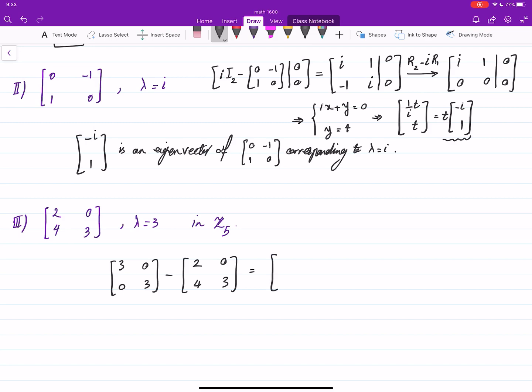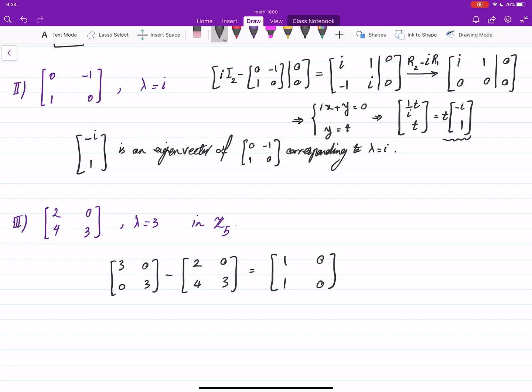Everything is happening in Z5, so this will be 1, this is 0, this will be what? 0 minus 4 is 1, and here we have a 0, 3 minus 3, this is 0.